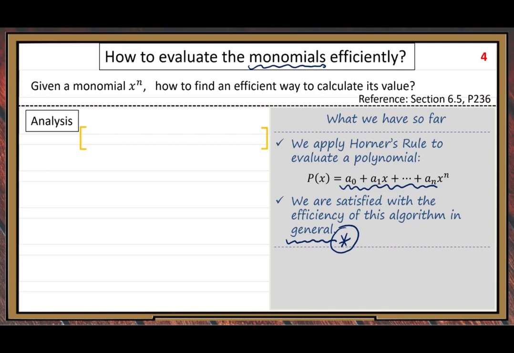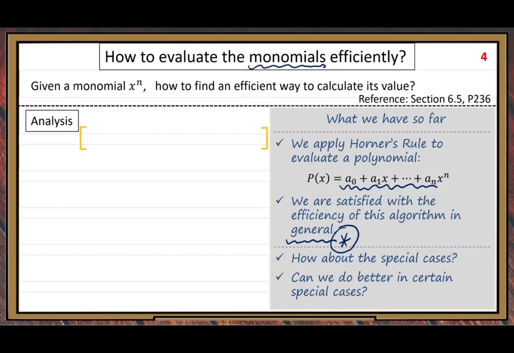So that's the main point here. In this small subtopic, we want to consider special polynomials. How about the special cases? We will study a few special cases.